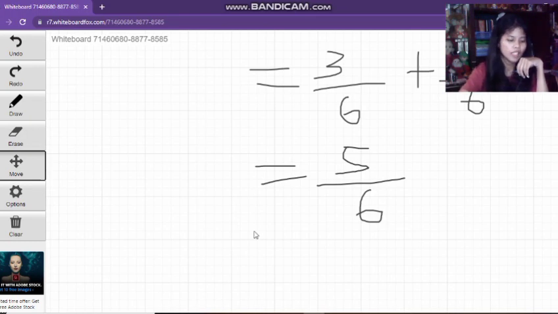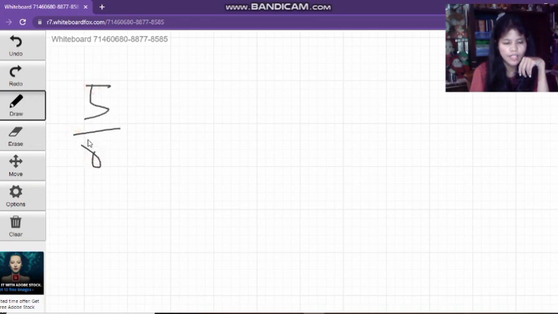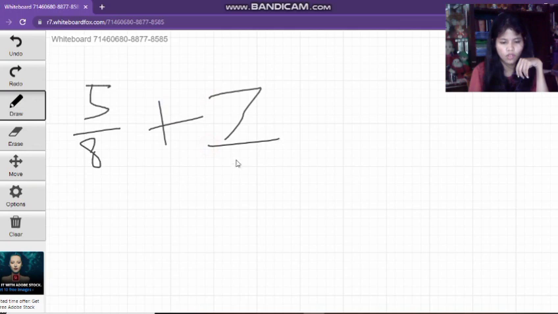Next, we can do these fractions by finding the least common multiple, or LCM, in bahasa is KPK. For example, 5 over 8 plus 7 over 12. Okay, the denominators are different, or unequal denominators.